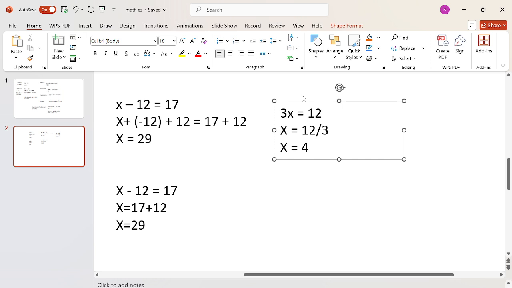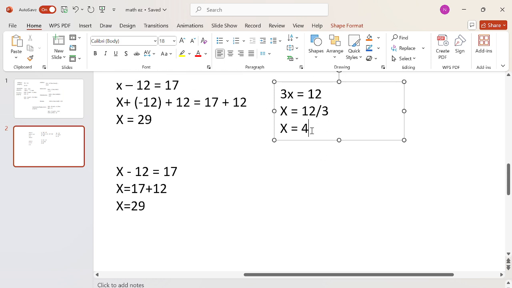So x equals 4. If you want to check it, it's like this. 3 times 4 equals 12. So 3 times 4 equals 12, which is correct.